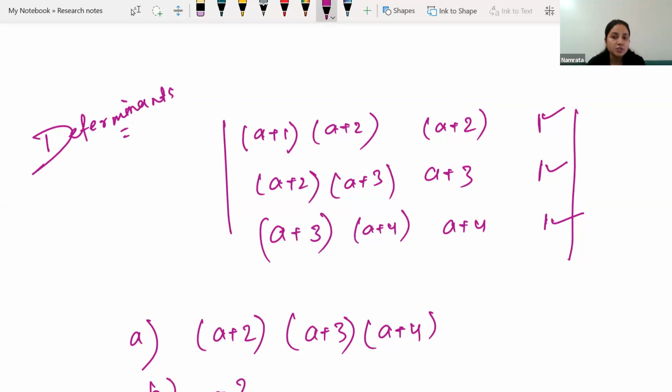What I am trying to say is that if I am able to make this one a 0 and this one a 0, and this one remains 1 only, we will be able to expand it quickly using this one, because whenever we multiply 0 with any other number, it will be 0. So we will just pick this one, expand it, and we will be able to get our answer.